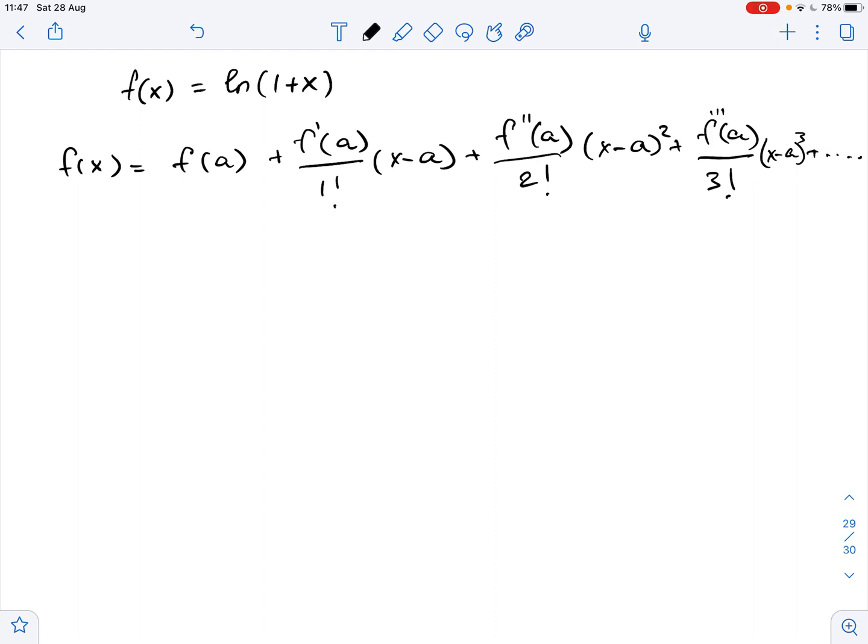Well, now let's consider it for the given function f of x, which equals ln of 1 plus x.